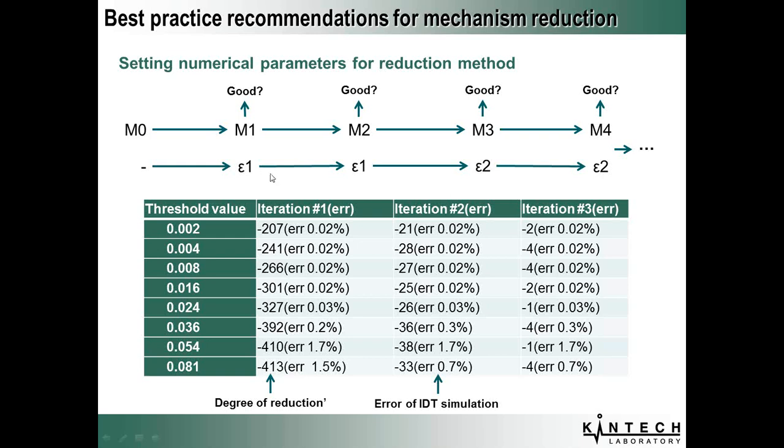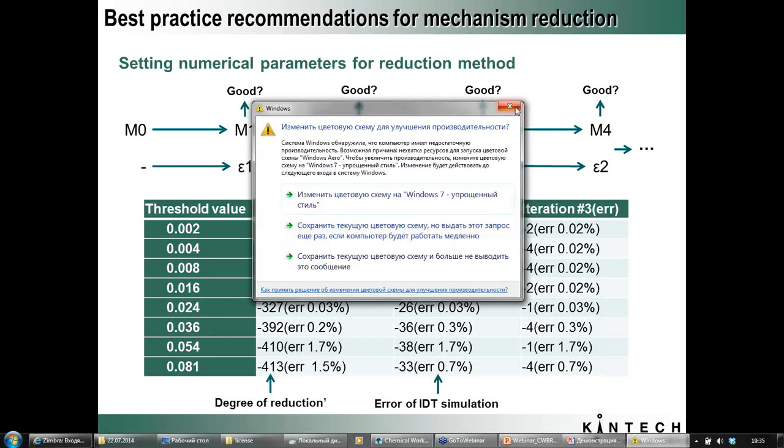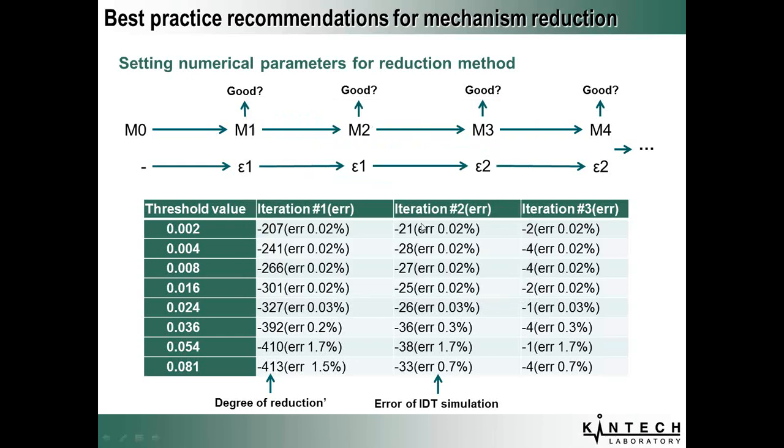The table below demonstrates how the mechanism of n-heptane autoignition behaves with the directed relation graph method. When we set the threshold value step by step, from very small values up to a relatively large value, you see that after step 1 there is a significant reduction of the mechanism, but if we apply the same value of the parameter, then the mechanism is not improved significantly.